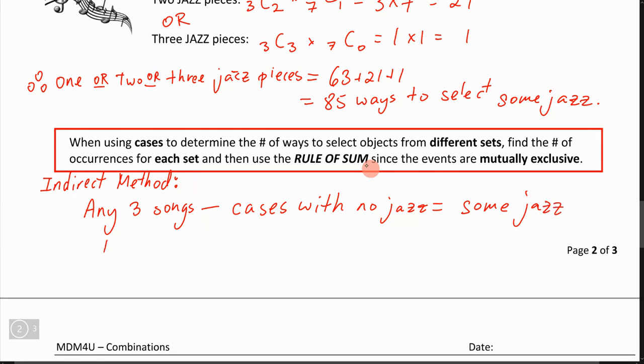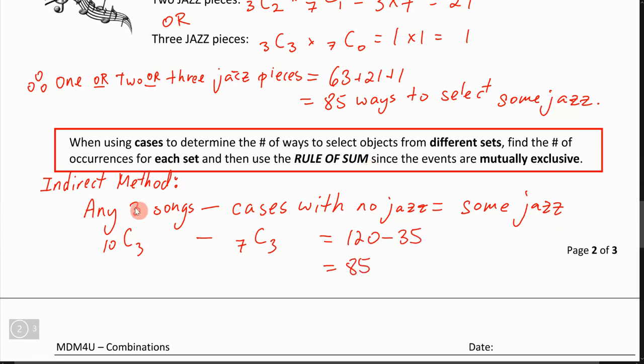Okay, so any 3 songs. Well, 10 songs, choose 3 of them. We subtract the cases with no jazz, so these are the other 7 songs. We choose 3 of them, and that will equal 120 minus 35, which is 85.